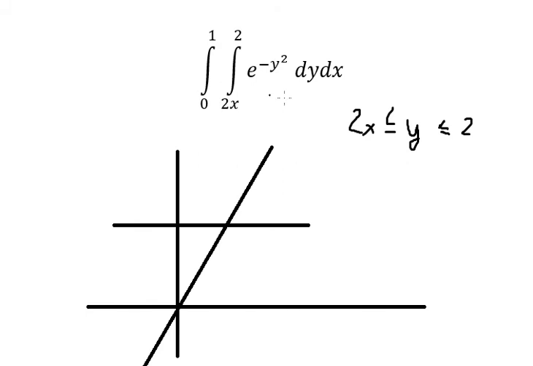Next, we have the s, and that means s is between 0 and 1. So if we look carefully, if we put s equal to 1 here, you get 2. So the area we need to concentrate on is this one.